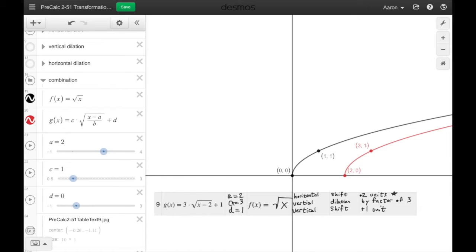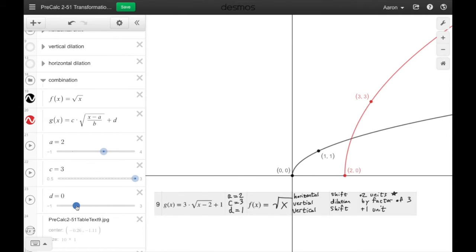Then, so you can see you have to add 2 to the x value, go from 0 to 2, 0. Then vertically dilated by a factor of 3, you can see this point doesn't move anywhere. The other one does, but 0, the y value 0 times 3 is still 0. So dilations, when you have a 0, this still stays anchored to the x-axis in this case.